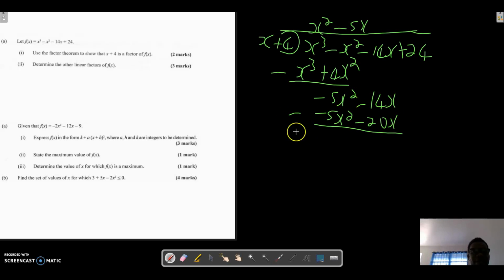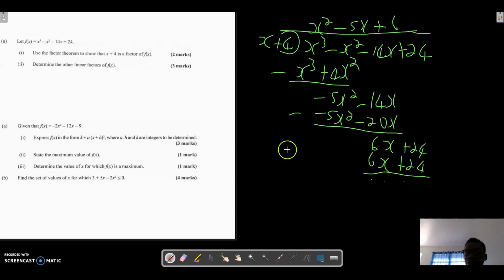So it's negative 14 plus 20, which really would give me a positive 6x, and we carry down the 24. Now x into 6x would give me a positive 6, and 6 times x plus 4 would be 6x plus 24. Now I have an idea that my answer is correct because my remainder is 0, and factors don't leave a remainder.